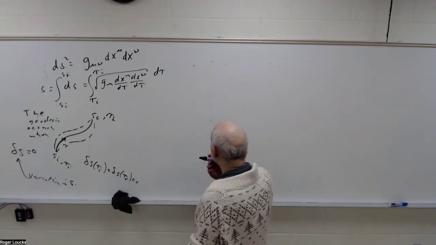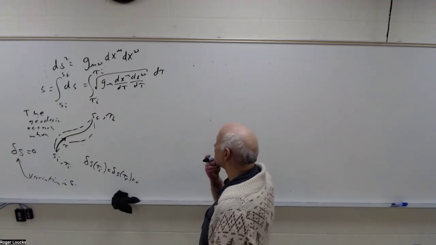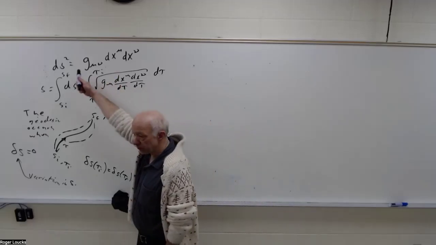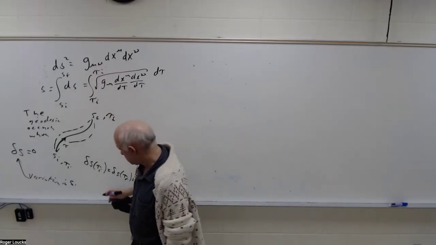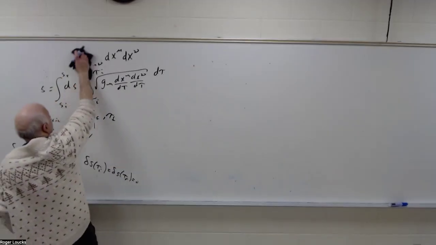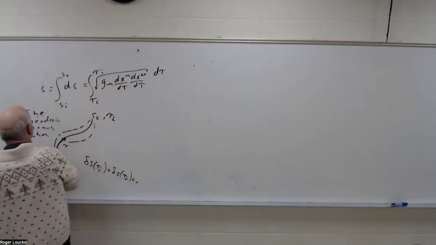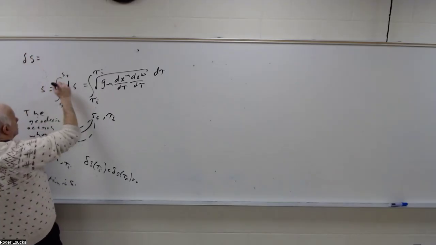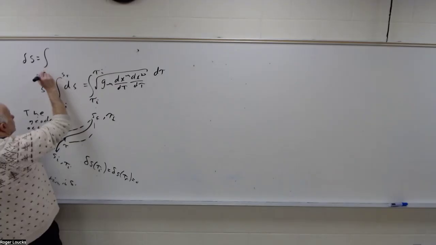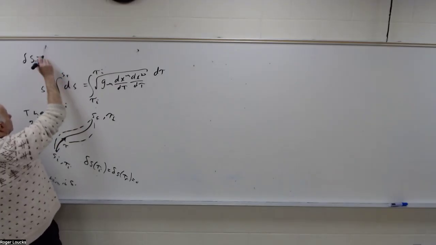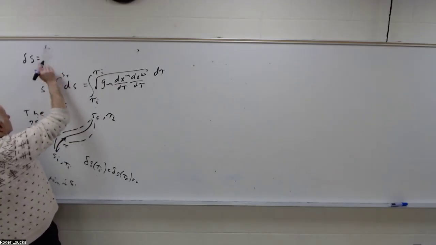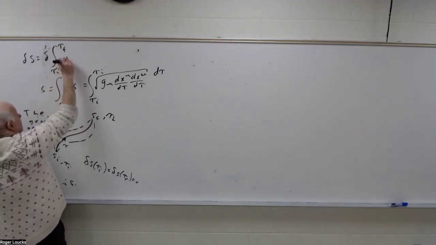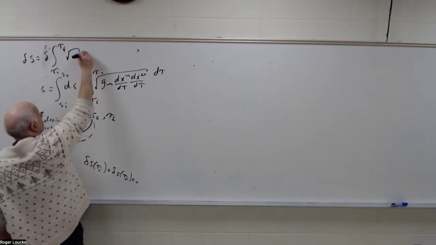Is it okay if I erase this line here and start the equation here? So we can say that this ds is going to be, put this in front, this integral from tau initial to tau final of the square root.